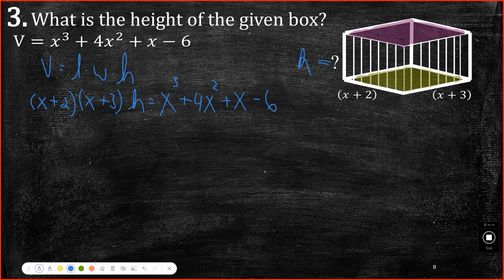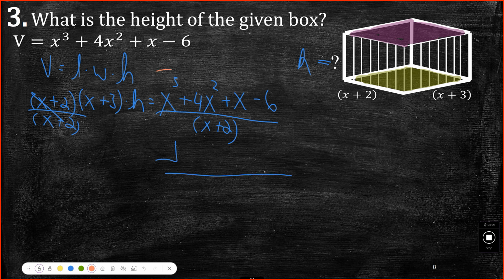So basically, what we're going to do is much easier than what we did the other day with long division. We'll divide by x plus 2 here, and then by x plus 3, using synthetic division quickly.